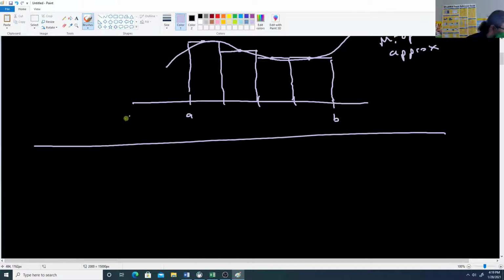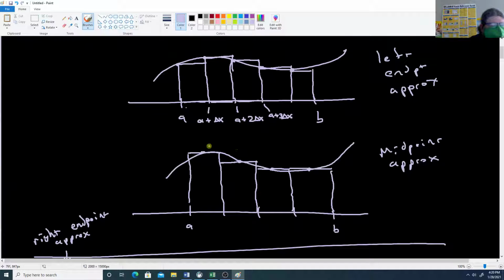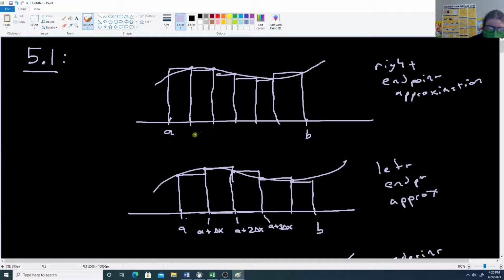So the right endpoint equation, they use Rn to represent the right endpoint approximation. Call it Rn. If we think about it, for the right endpoint approximation, we start at a plus delta x.